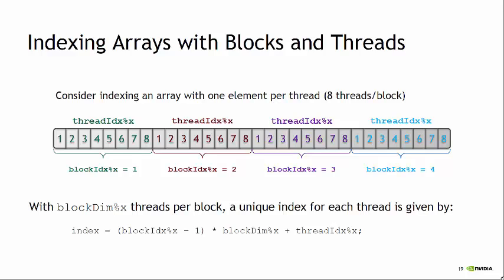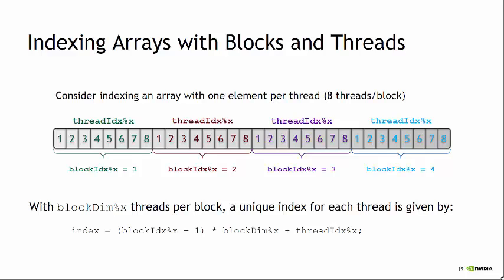From these two numbers, and knowing how big a block is, we can calculate a global index for the thread that we're currently in. Handily, we also provide blockDim, which is the dimension of the block. In this case, blockDim is 8, 8 threads per block. We can calculate a unique index for each thread from this equation. We take our block index, we minus 1, we multiply it by the dimension, we add our thread index.